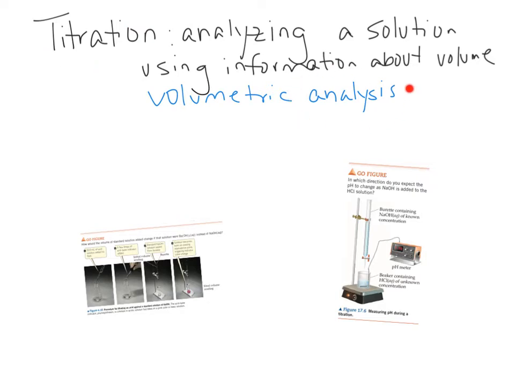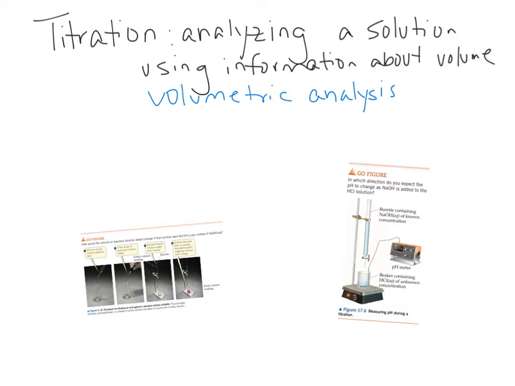Another important word here is analysis. We're focusing in this unit, and in the whole course, on analyzing things, using information to find out something about what we have, or find out things we want to find out. Okay, in titration, we're going to use information about volume, and I'm going to talk about that using these pictures in a second.